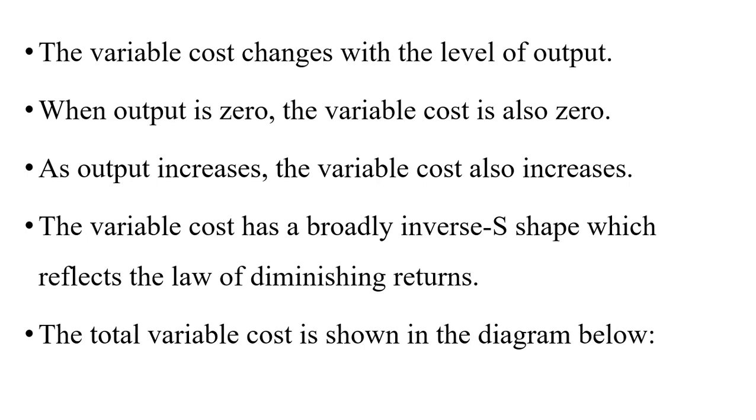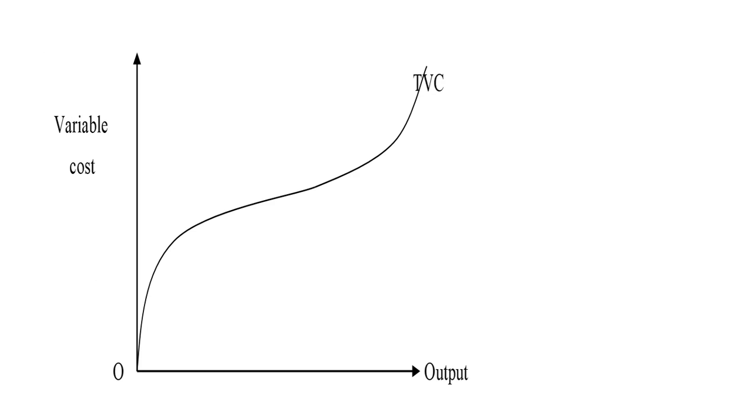The variable cost function is an increasing function of output, meaning the higher the output, the higher the cost. The variable cost has a broadly inverse S shape, which reflects the law of variable proportion or the law of diminishing returns. And the total variable cost is shown in the diagram below. So this is how the total variable cost curve looks. Actually, it is a reflection of the law of diminishing returns.